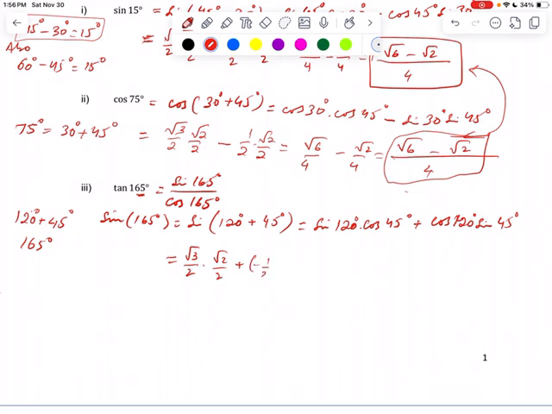So I get negative 1/2 times sine of 45, which is square root of 2 over 2. Now you might say, oh, it came the same again. Yes, and you should be able to tell me why they are coming to be the same.